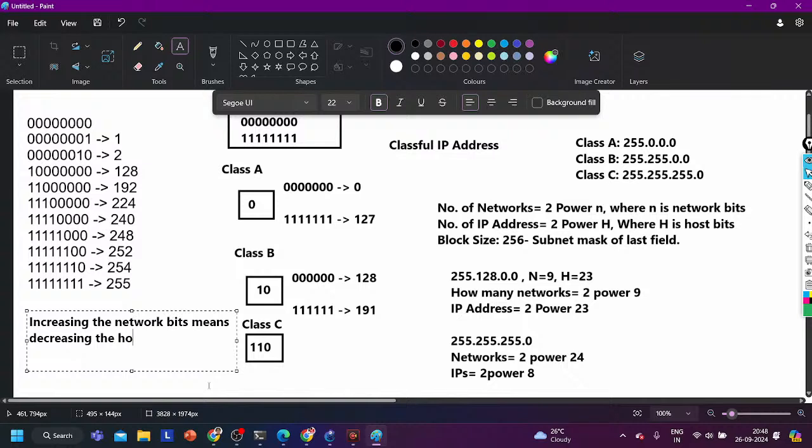It means the number of networks will be increasing and IP addresses will be decreasing. Is it clear?